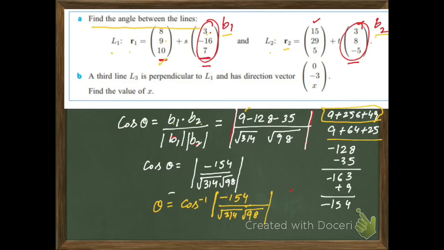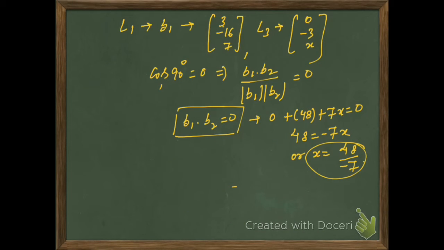Now we have the B part also. In the B part, line L3 and line L1 are perpendicular to each other, and the L3 direction vector is already given. For L1 we have it already, so b1, and from L3 I got b2. This is my b2 vector. They are perpendicular to each other, so the angle between them would be 90 degrees.